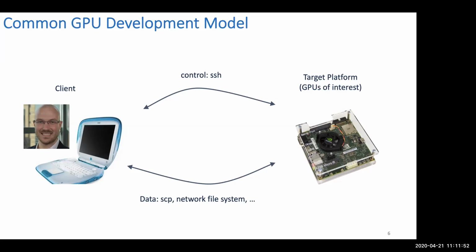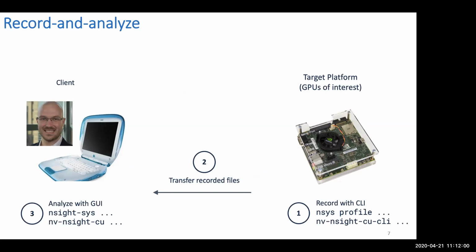The kind of profiling that I'm going to talk about in this lecture is geared towards this kind of development flow. As a first step, we use one of these tools on the target platform, on the right of the slide, to record performance information about the GPU execution. That generates some recorded performance files.